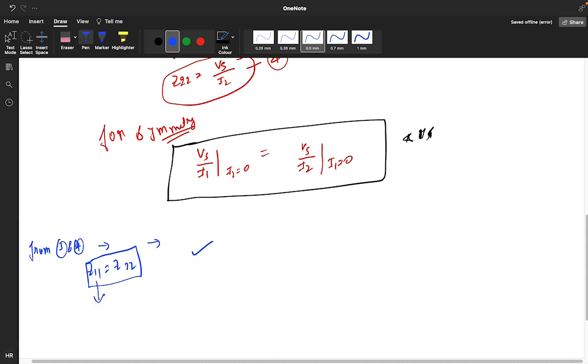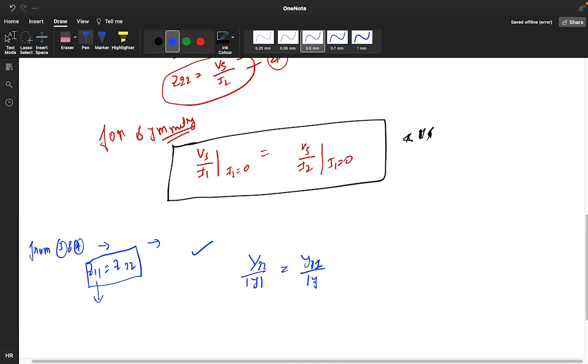What was the condition of a Y matrix? If we want to convert the Z11 into the Y matrix, see the previous note: we are getting Y22 divided by determinant of Y. And what is Z22 equivalent to?